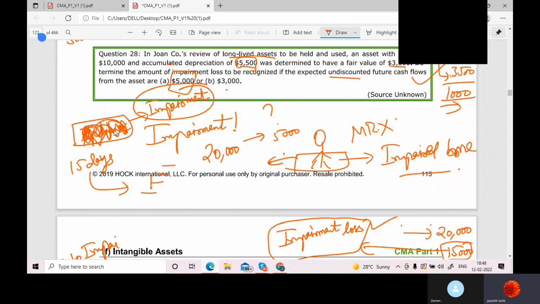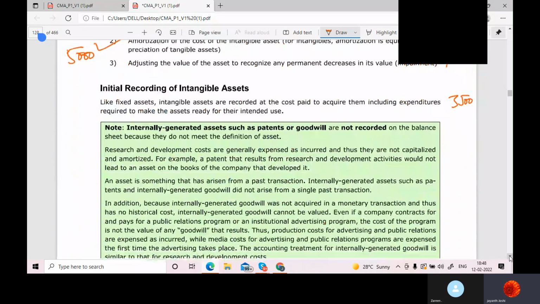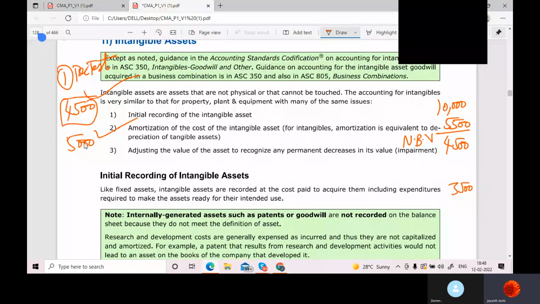When we write on the screen and take an online class, at times it's very hard to concentrate on the letters. They look very close together and we tend to make some mistakes. So this is the new book value and this is the undiscounted cash flow, and we can see clearly that we have recovered this. So no impairment loss, and we need not go for step 2. So zero impairment loss.